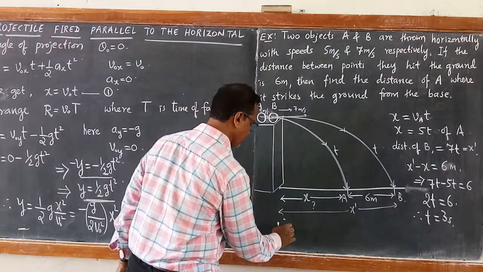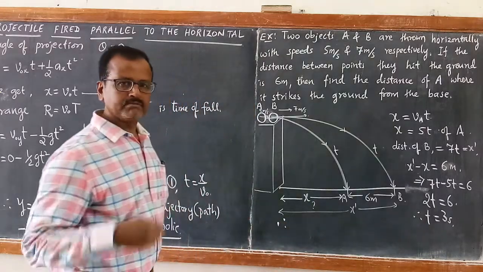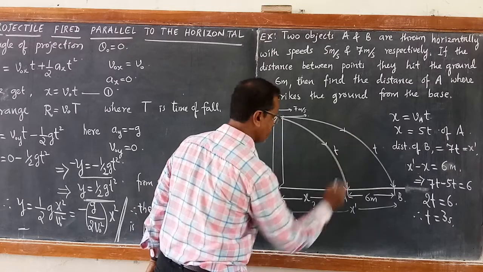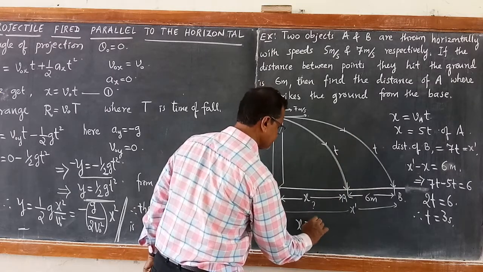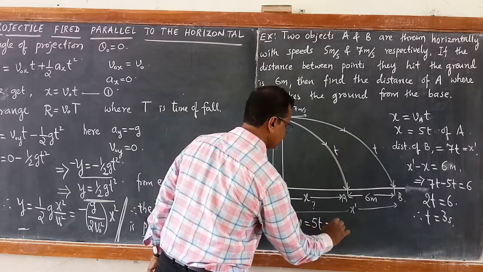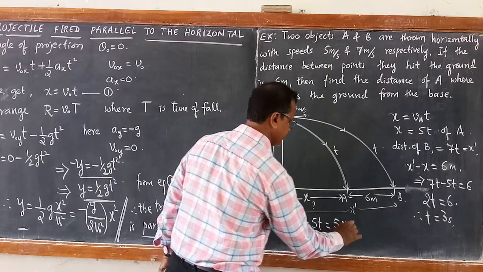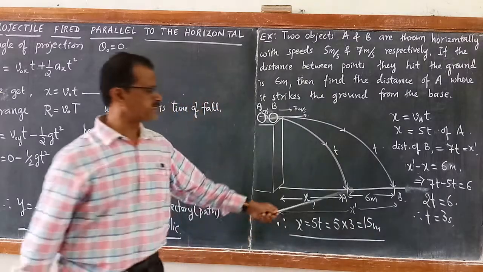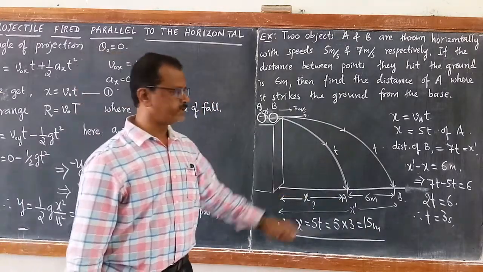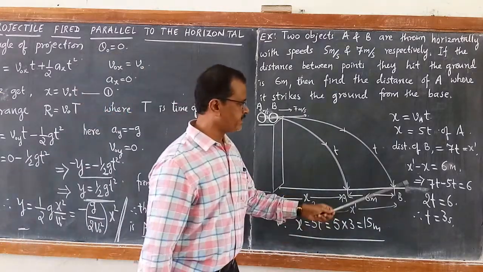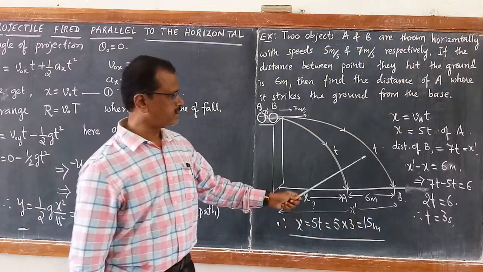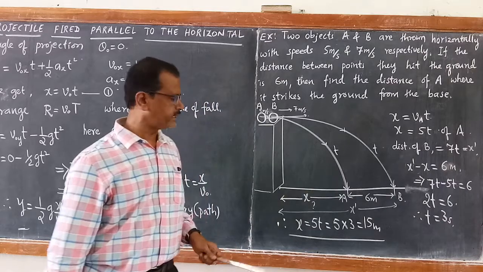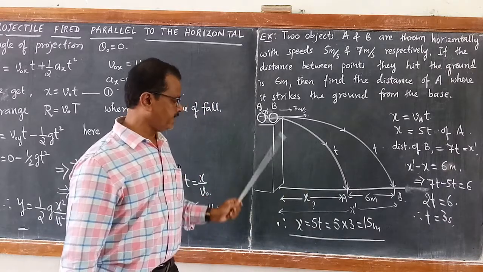From the knowledge of horizontally fired projectile, distance x is equal to v naught into t. As VA is 5, 5 into 3 becomes 15 meter. Similarly, x dash can be calculated as 7 into t, 7 into 3 becomes 21.